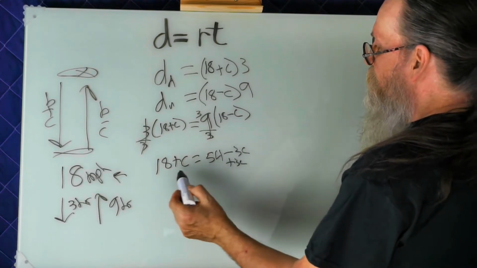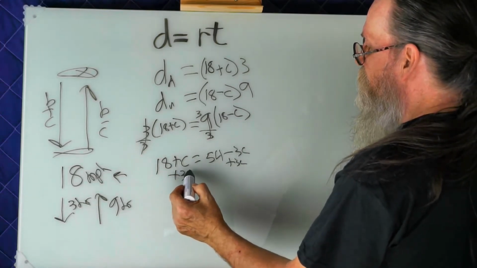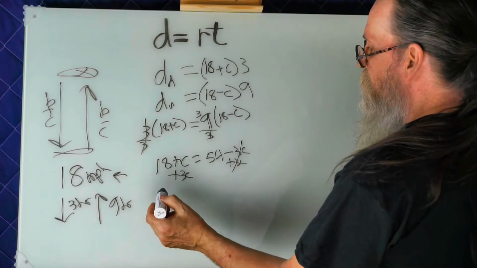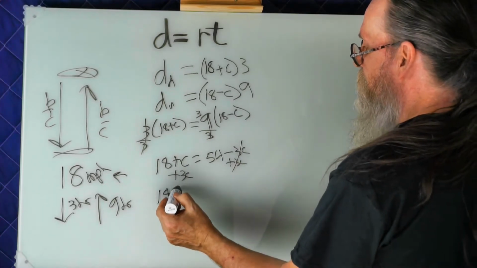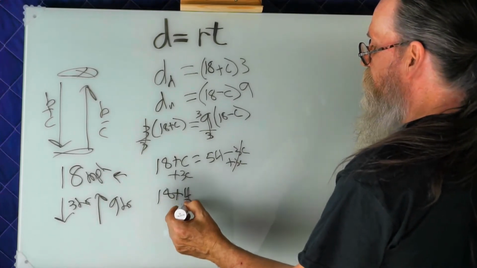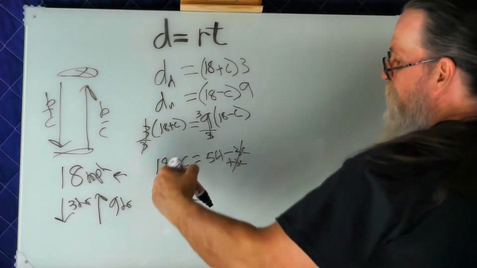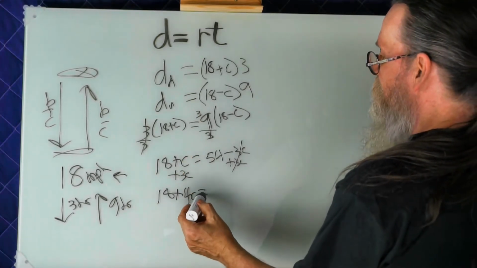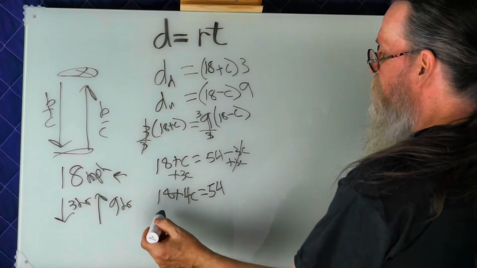Add 3C to both sides. 18 plus 4C, kind of hard writing sideways, equals 54.